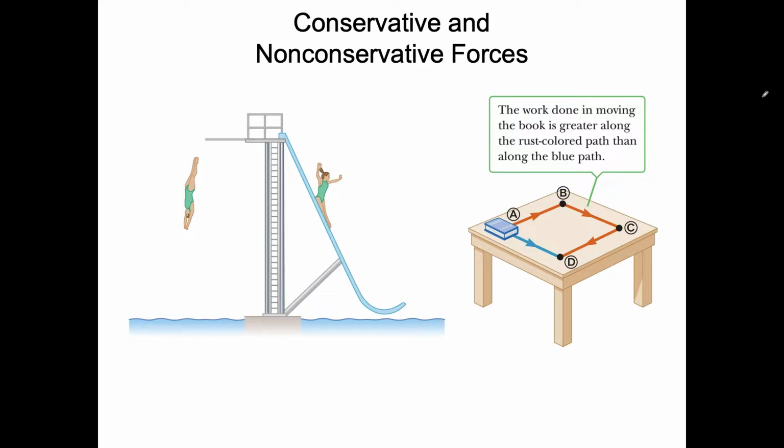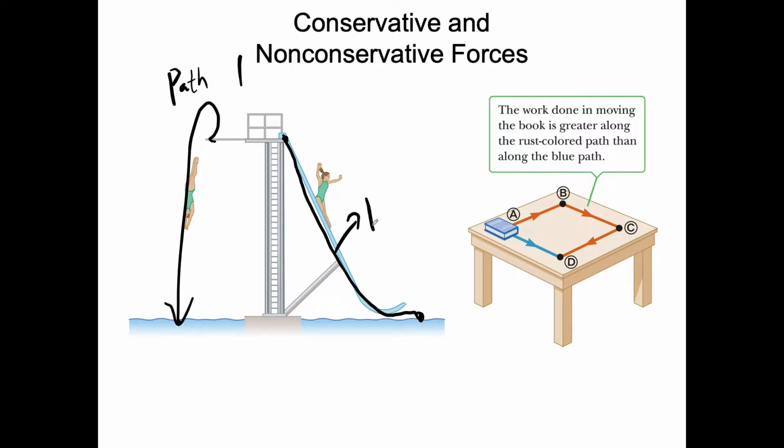So we have an athlete. The athlete can dive from the board to the water. Gravity is going to do work for this path. Let's call it path 1. And then the athlete can also take a slide to the water. Let's call it path 2.